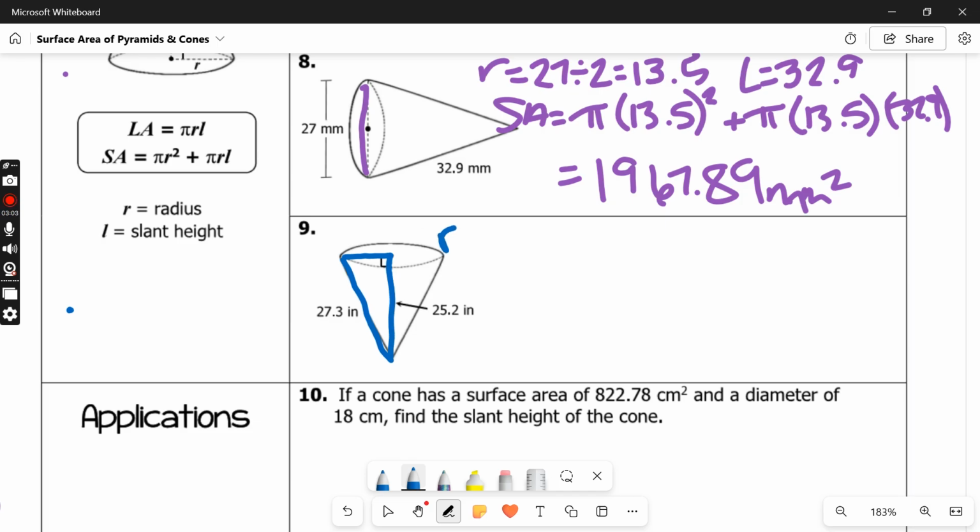So for our radius, we're looking for a side. We already have the hypotenuse, so we're going to subtract. I'm going to do 27.3 squared minus 25.2 squared, and I am square rooting all of that. What I find is that my radius rounds to 10.5.